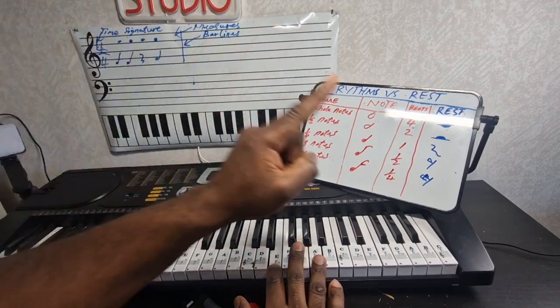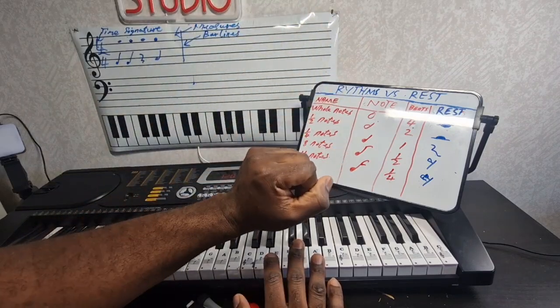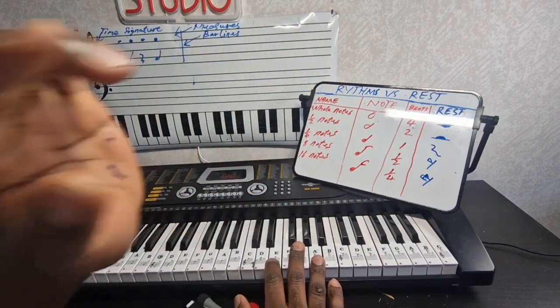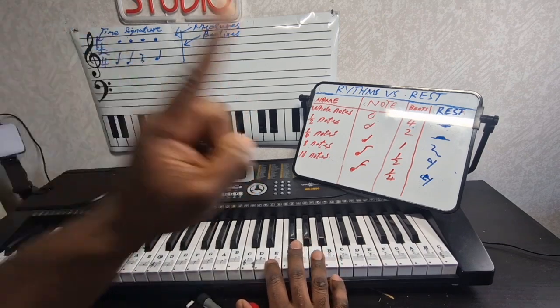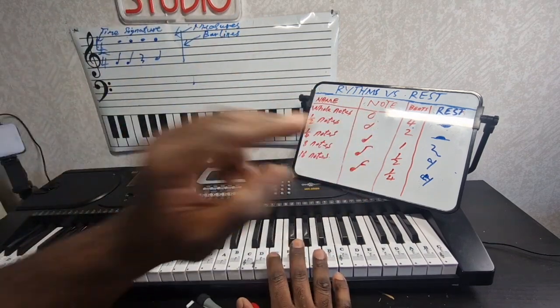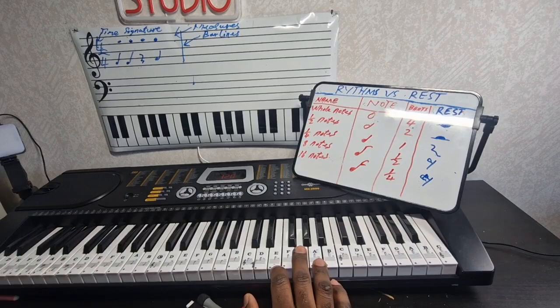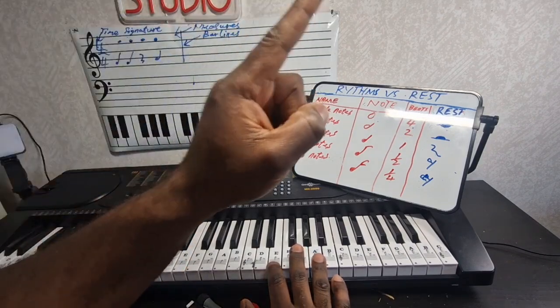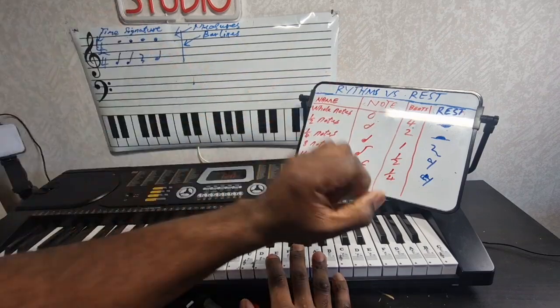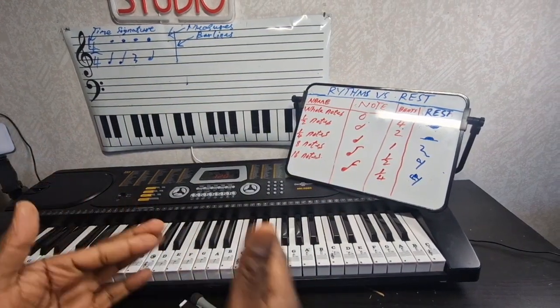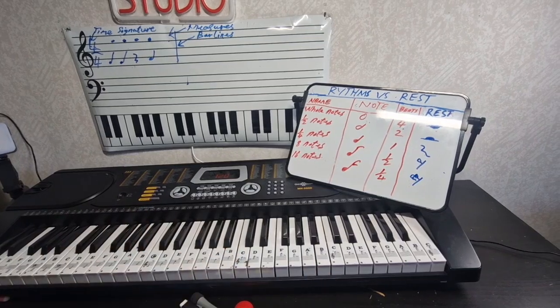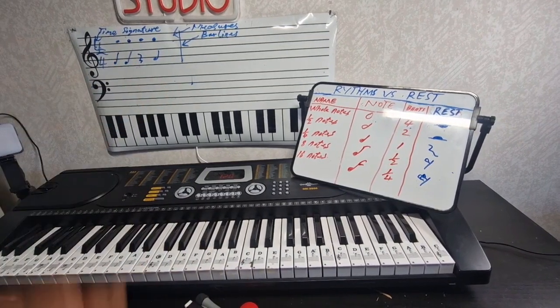One more time. You rest. It completes it. You get it? One more time. Did you get it? Okay, let's try again one last time. So you play 2 1/4 notes, and then you rest for 1 beat, and you play the rest.